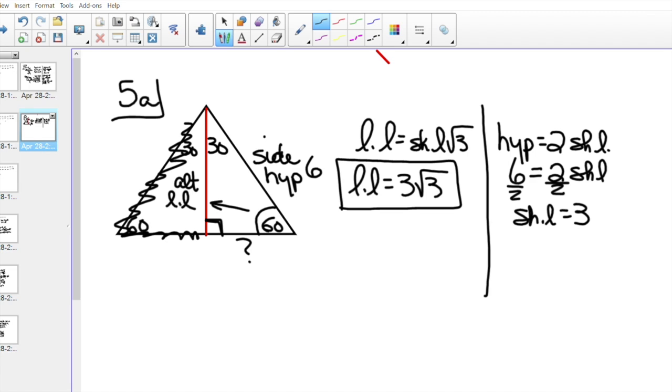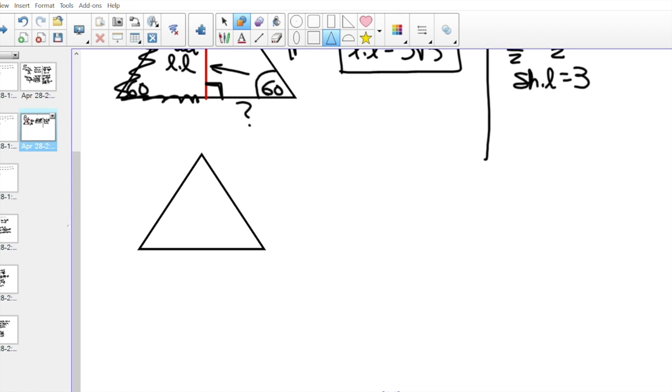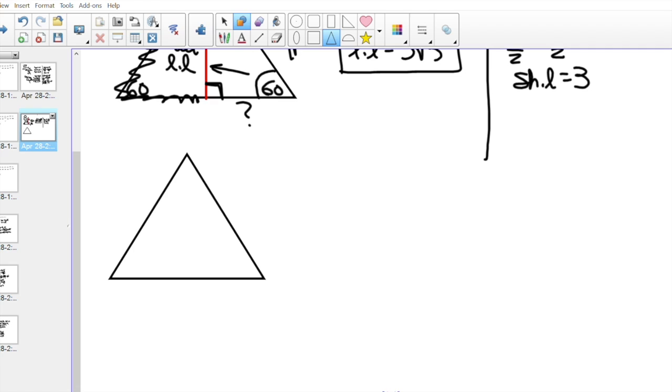Now let's do 5B. Again, you start off with the equilateral triangle. Now, we're going to draw the altitude. Now that forms a right angle. Now, this angle is 60.